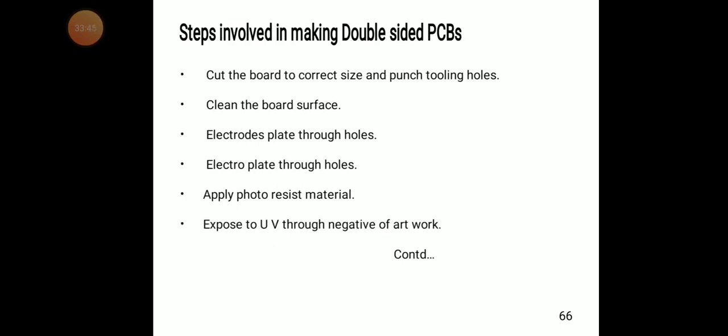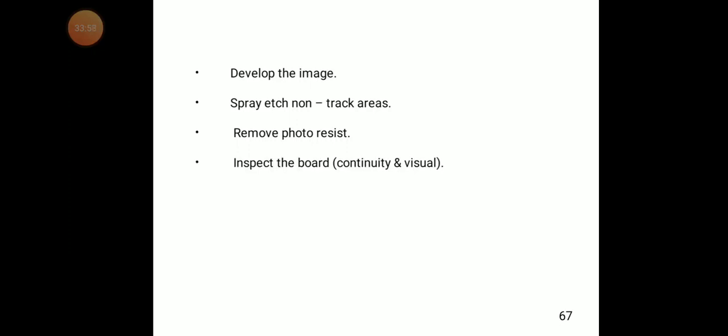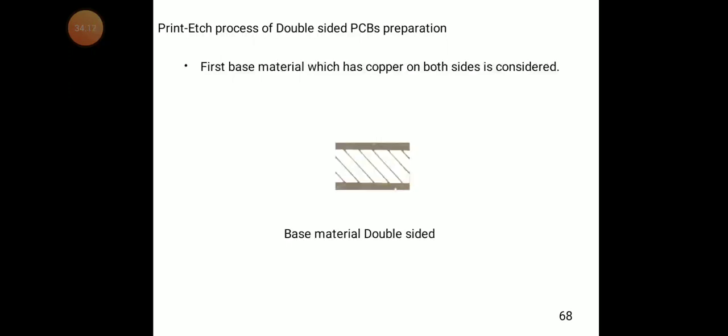Expose to UV through the negative of the artwork. Develop the image. Spray etch non-track areas. Remove the photoresist. Inspect the board. Apply solder resist, leaving the plate edge connectors. So the print and etch process for double-sided PCBs is the same.